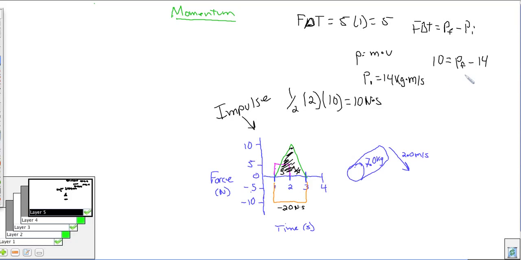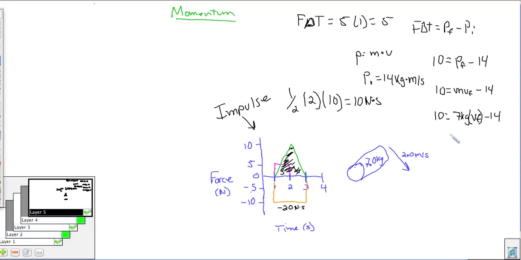So let's break this up even further, because I know that momentum final is going to equal mass times velocity final. I know what the mass is: 7 kilograms times my velocity final, minus 14. So what do I have here?